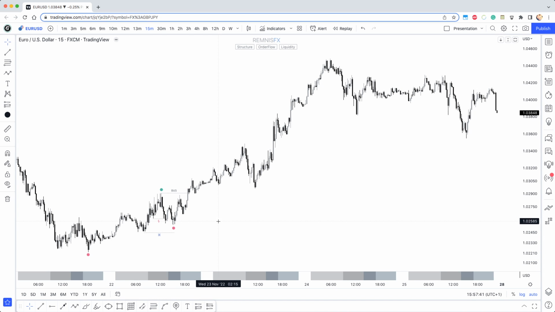Now, where is our next higher high? Let's have a look. I immediately identify it here. And let me mark up also my next higher low. That will be that one.